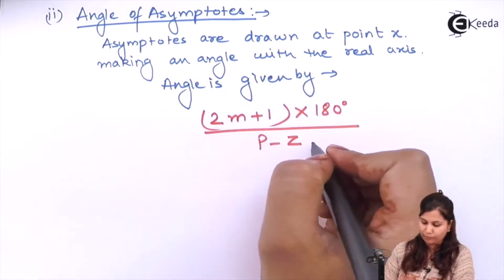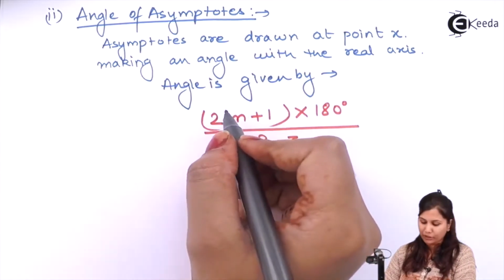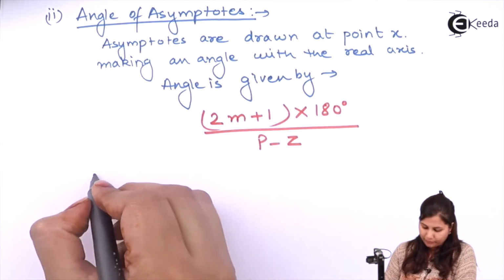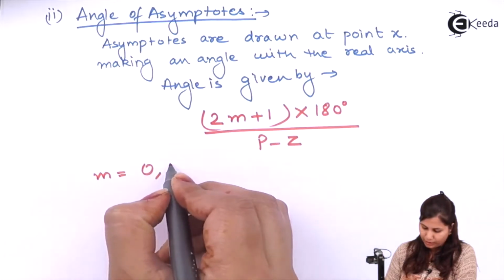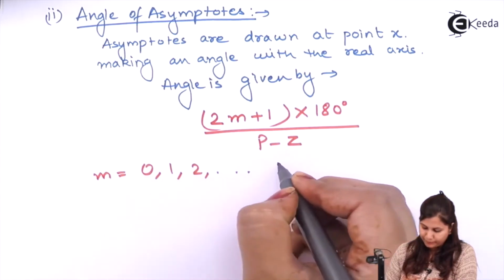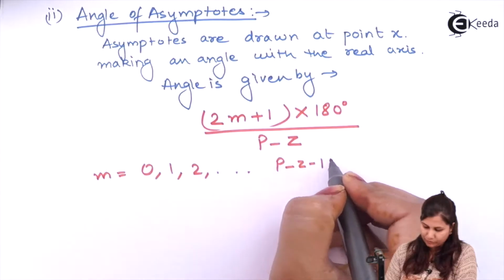So this is the formula for calculating the angle of the asymptotes. Here m is 0, 1, 2 till p minus z minus 1.